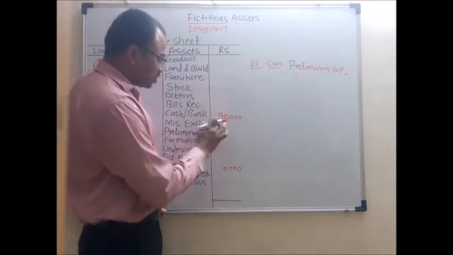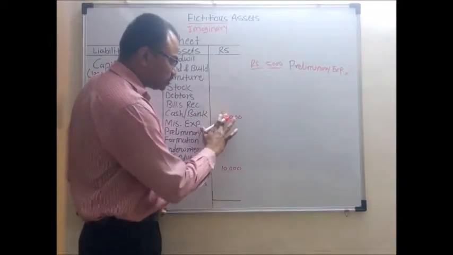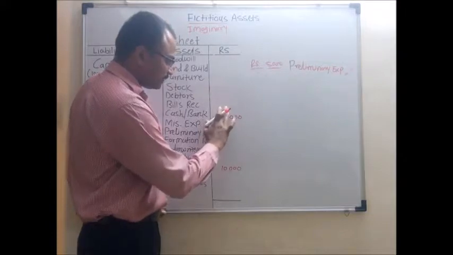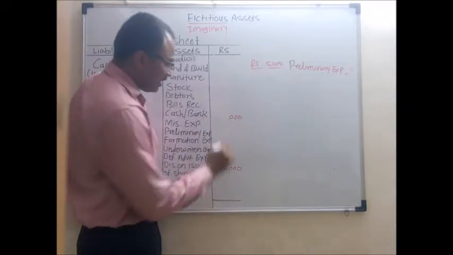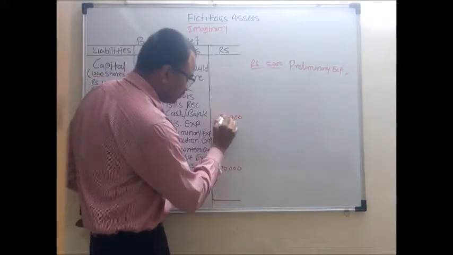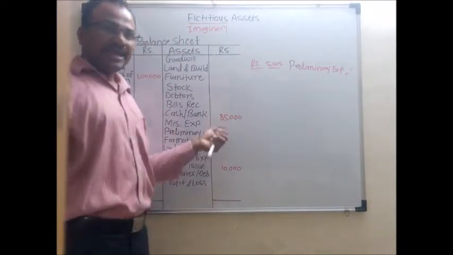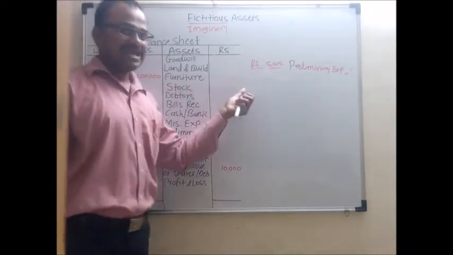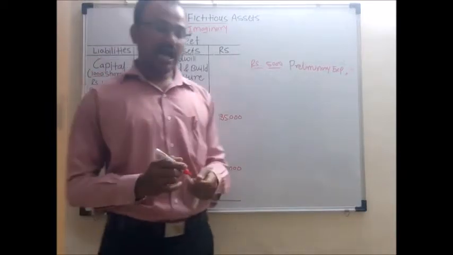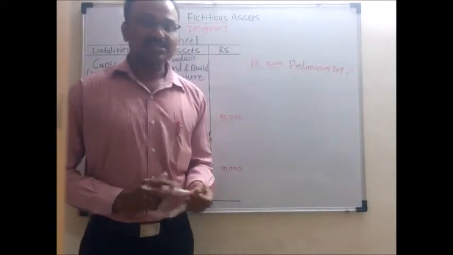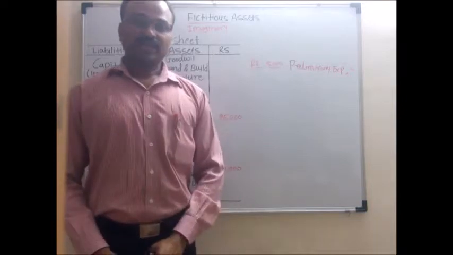Cash or bank balance will get reduced by rupees 5,000, and after subtracting 5,000 rupees from 90,000, the cash balance will be rupees 85,000.